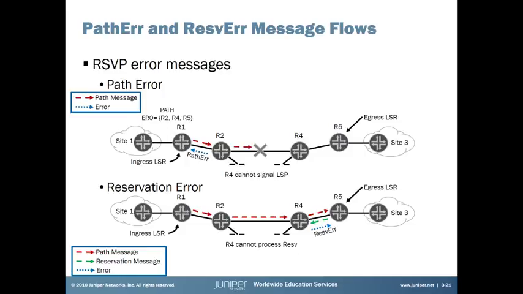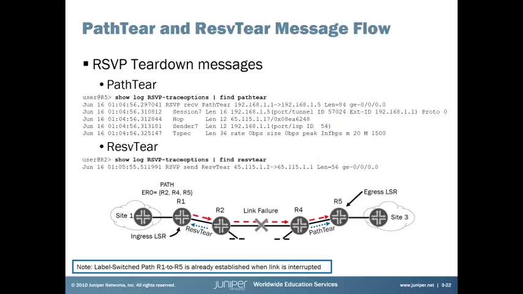But for some reason, there is no connectivity between R2 and R4. It'll send a path error message saying, no, alright, I can't create the path you have requested. And a reservation error message will come back and say, I can't reserve the resources that you've requested. Maybe you've requested a bandwidth which simply is not available. And so you get a reservation error message for that reason.